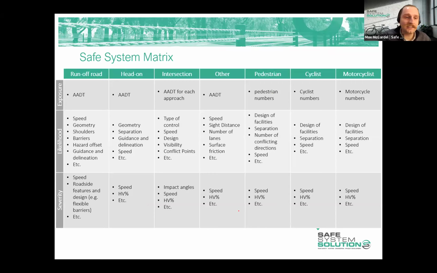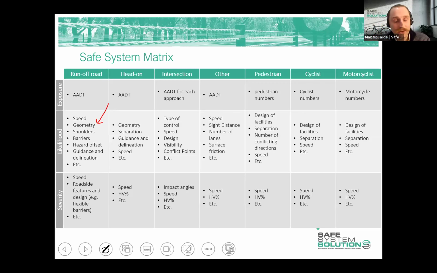So as an example, if you're analyzing the runoff road risk of your site, you could say, these are the factors that I believe are increasing the level of risk, and dot point them all out. And then say, these are the factors that I believe are decreasing the level of risk.